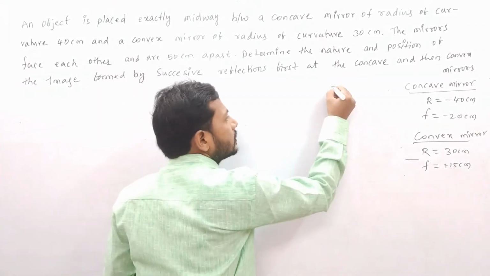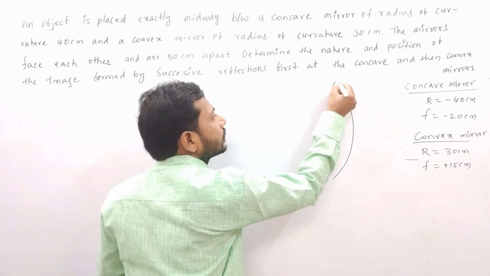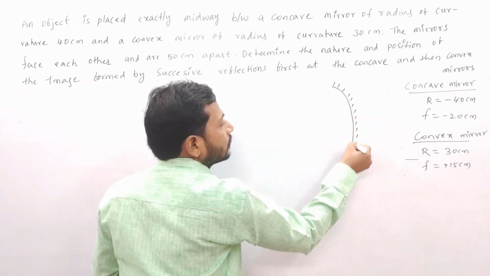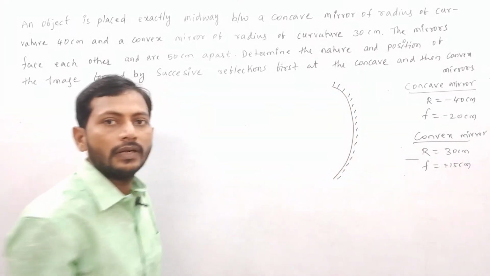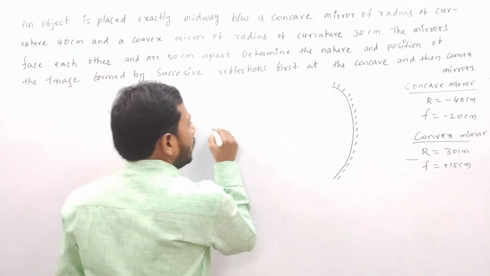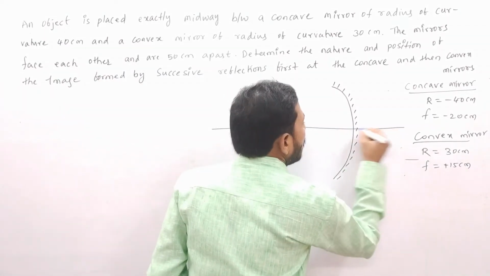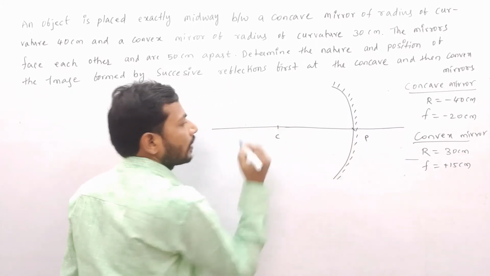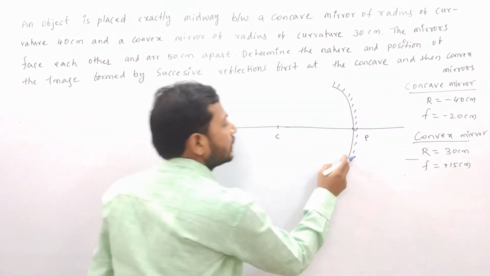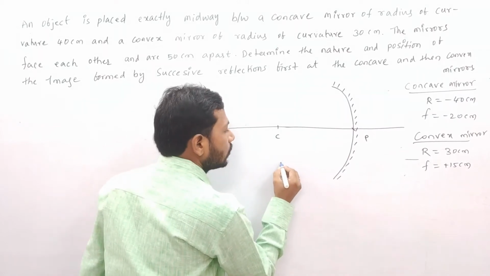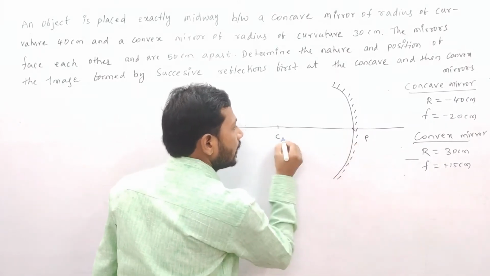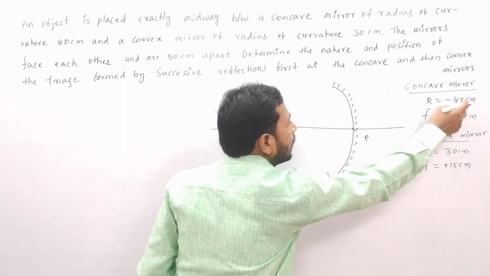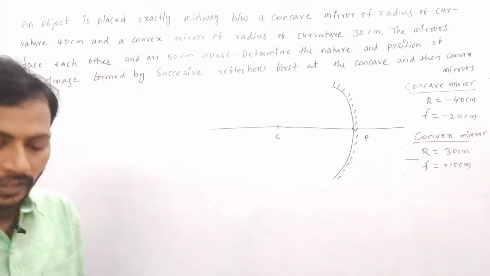This mirror, children, is the concave mirror. Sir, this is the principal axis, this is the pole, and somewhere it is the center of curvature. What is its radius? I am going to draw here, CP, the radius is how much? Minus 40. You know that thing.